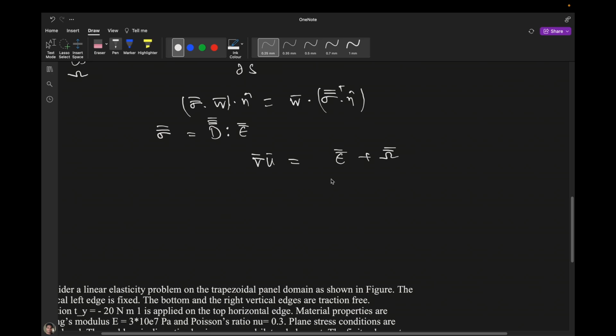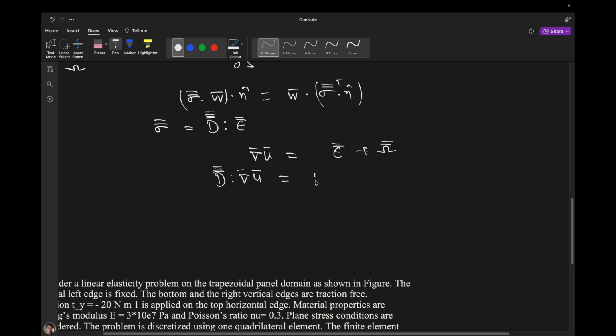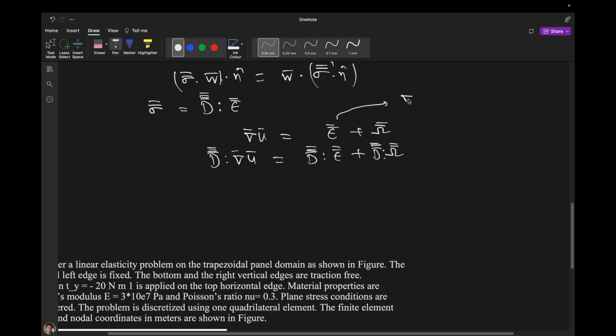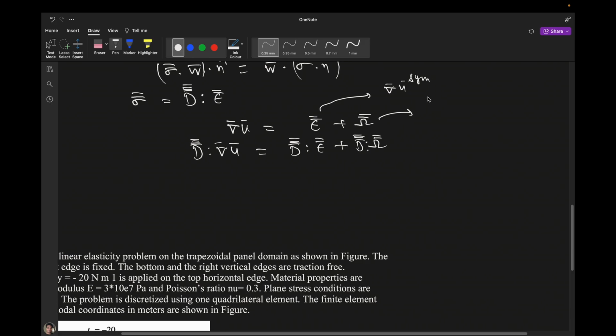If you take the double contraction of the stiffness tensor with this gradient of u, it becomes D double contraction epsilon, where epsilon is the symmetric part of the gradient of u, and the omega tensor is the skew symmetric part.